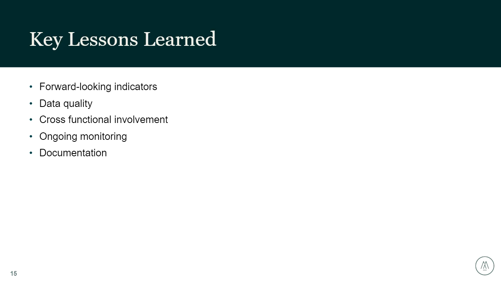And to wrap up this specific topic, we wanted to reiterate a few items that were learned so far. It is crucial that management evaluates the quality of the information used to ensure that those forward-looking indicators are included in their assessment. Because again, looking at historical data wouldn't be sufficient in accordance with the new standard.